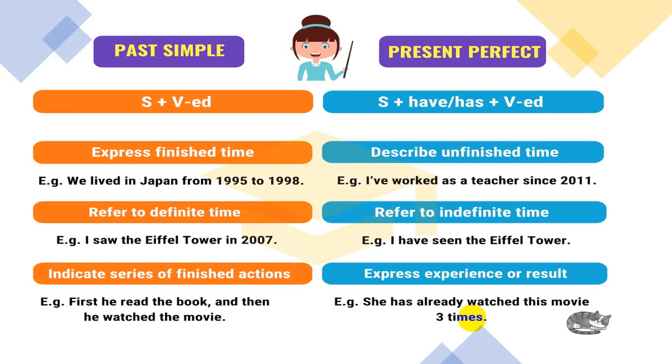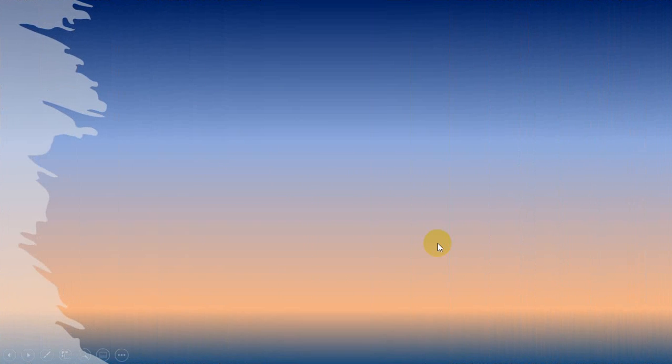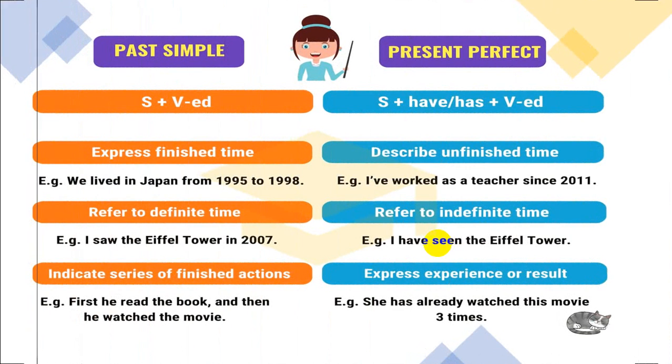The next usage refers to definite times. Past simple refers to definite times. When we determine a certain time, we put the sentence in the past simple tense. For example, I saw the Eiffel Tower in 2007.